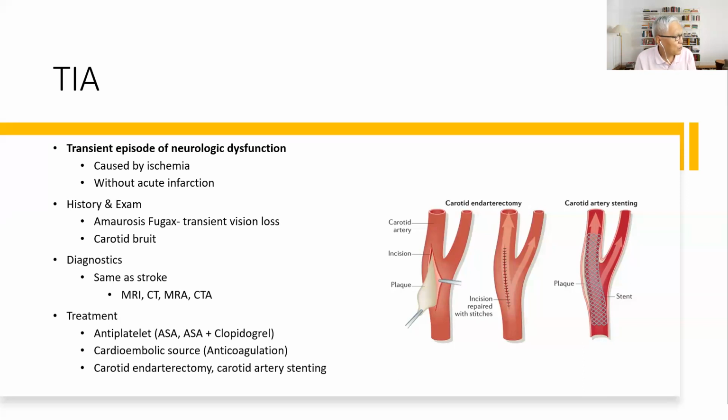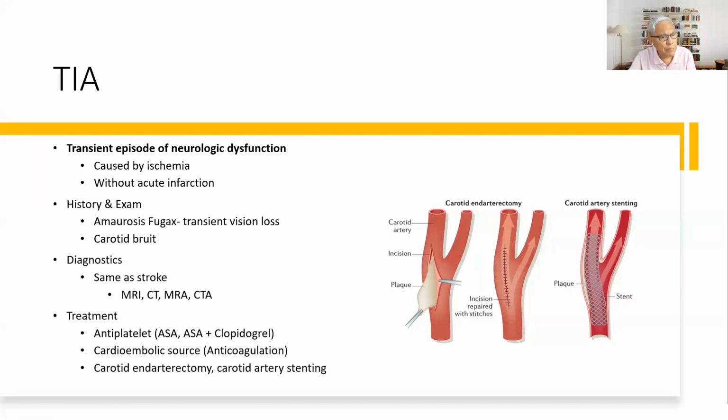All right, so the treatment and the diagnosis of TIA is the same as stroke. It would include MRI, a CT scan, for example, or a CT angiography. And the treatment is going to be similar to, but not exactly the same as, stroke.